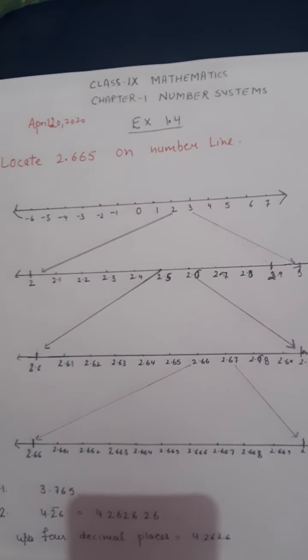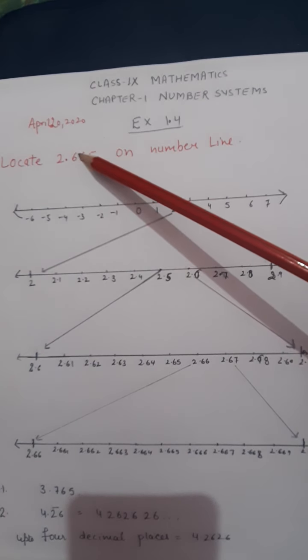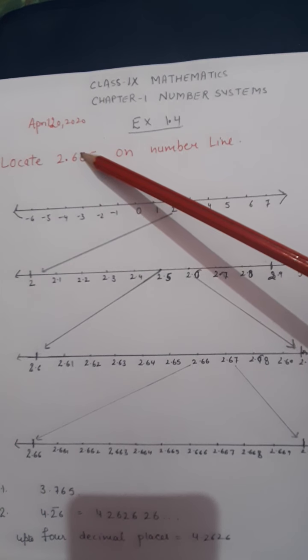Now we will see 2.665 on the number line. This we have to visualize on the number line. You can see in your book they are using a magnifier lens, just to check where it exactly lies, right? First we will talk about 2.6 only. Just think of 2.6, hide it, cover it.